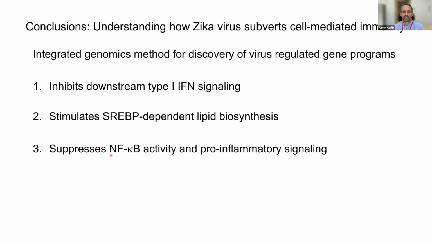For a cell that has 20% of its RNA as viral RNA, it only has a very specific pathway that's really being stimulated. And this drives viral production. And Zika virus suppresses NF-kappa B activity and pro-inflammatory signaling, which disarms both innate and adaptive immune responses.